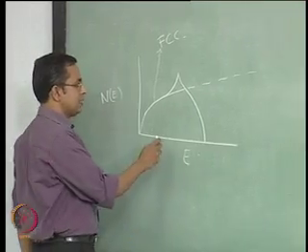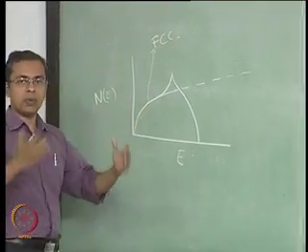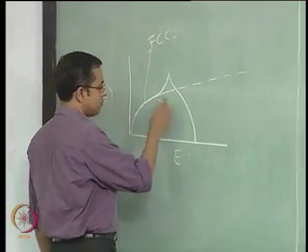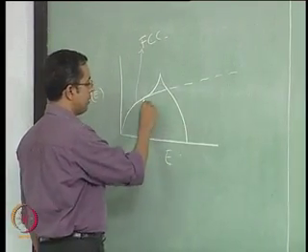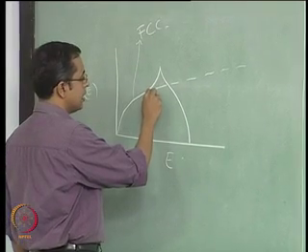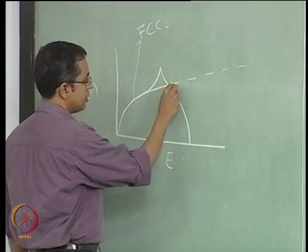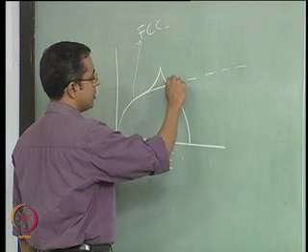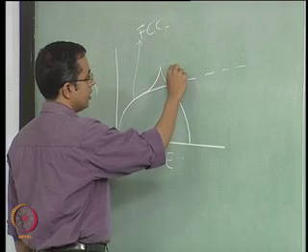Now for BCC, based on where the Brillouin zone boundaries are for BCC, if you did the same kind of diagram, what you will see is it will continue with the free electron parabola a little further, and then it will climb up here and then drop down.